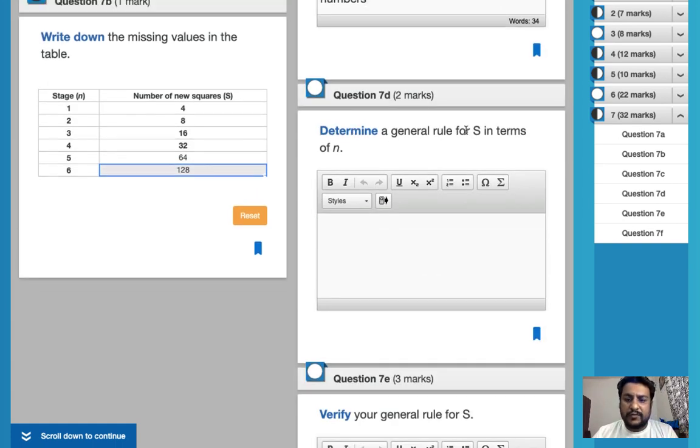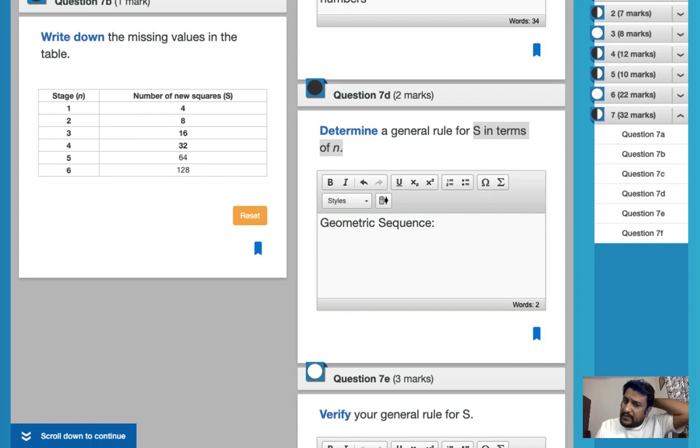Okay, let's move to the D part. Determine a general rule for S in terms of N. This is important over here. Now we know this is a geometric sequence, and we know a geometric sequence is A r to the power n minus 1.